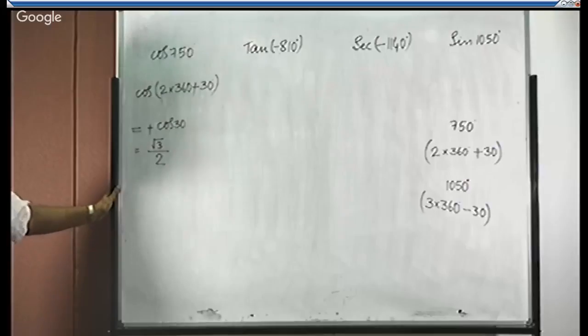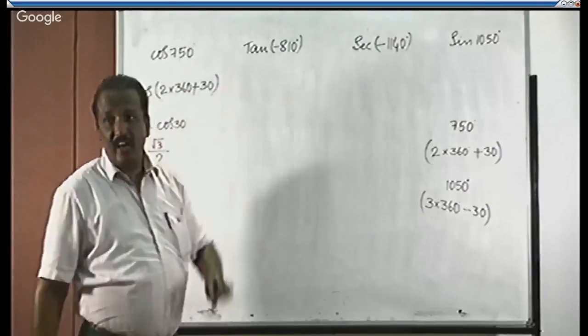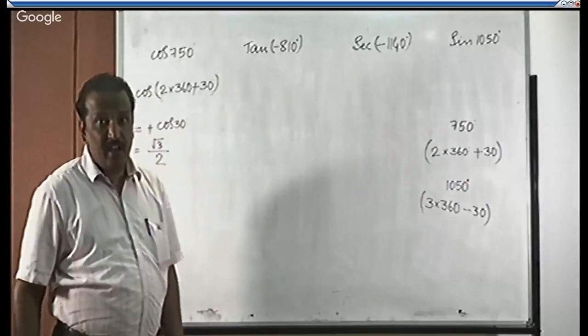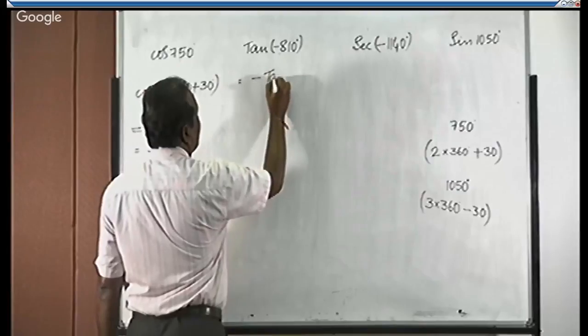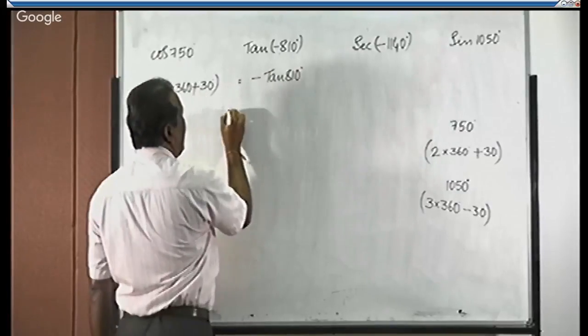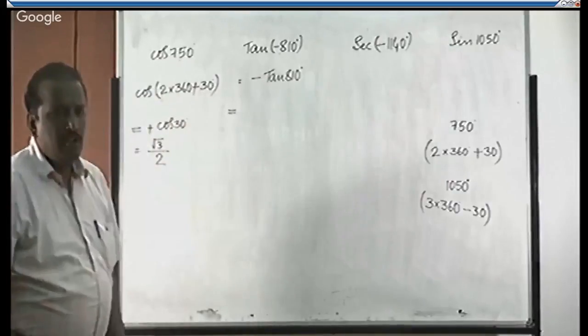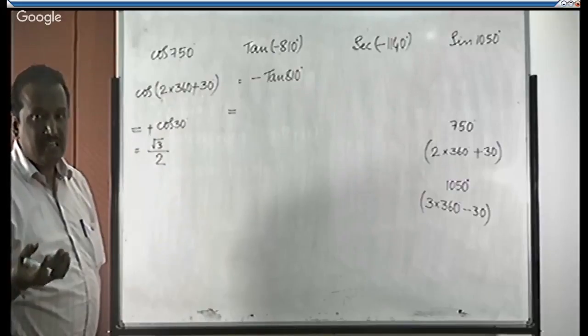Am I correct? Now, observe here, tan of minus theta. We know that tan of minus theta is minus tan theta. Therefore, it is minus tan of 810. Now, 810 is very much larger than 360.